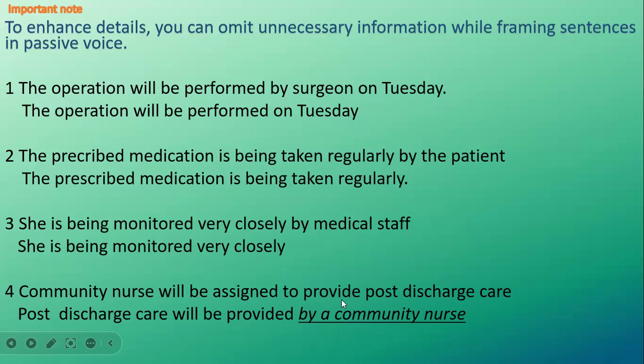Now, only if I want my reader to know, for example, if I'm writing a letter to a general practitioner and I want them to know that a community nurse is arranged, I can say a community nurse will be assigned, or post-discharge care will be provided by a community nurse. But if I'm writing a letter to a community nurse only, I may simply say, you are requested to provide post-discharge care, or post-discharge care needs to be provided. Simply that. So my reader would know that they are the ones who have to do it.